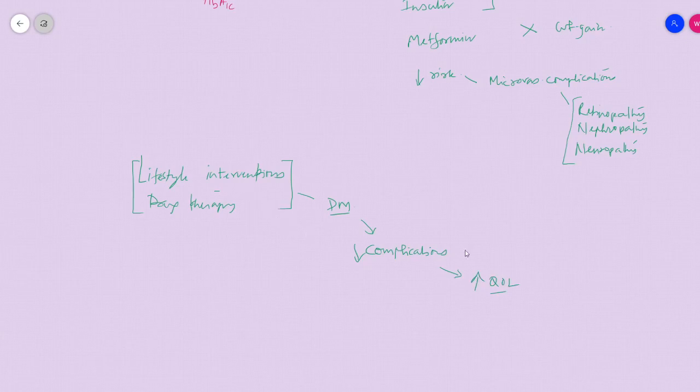So that is the summary of these clinical trials.